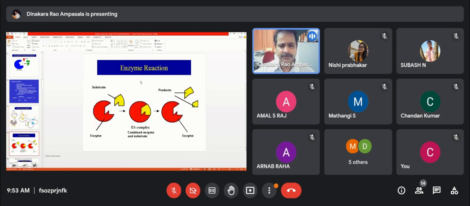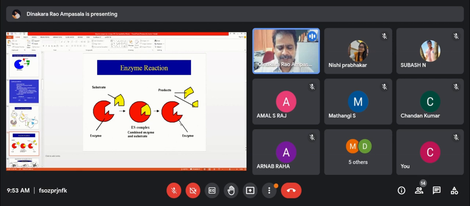Okay, so here you can see a representation of the enzyme and substrate molecule. It forms an enzyme and substrate complex, and after some time the enzyme interacts with the substrate molecule and converts it into another molecule, that we call a product.